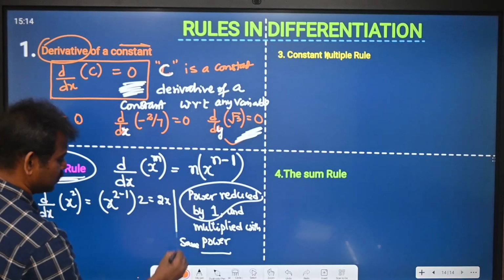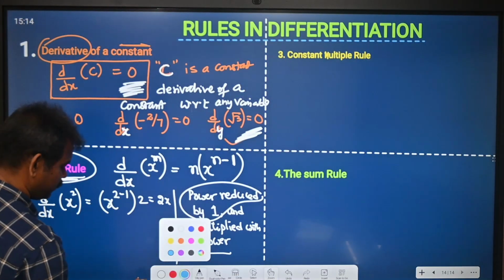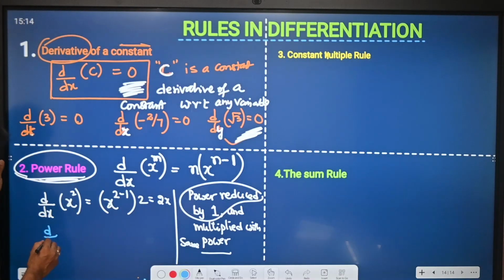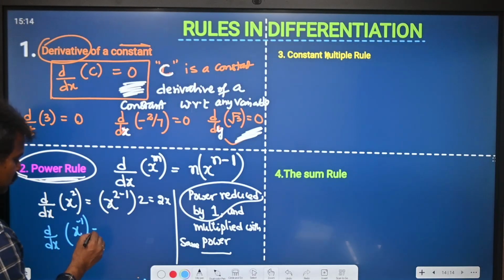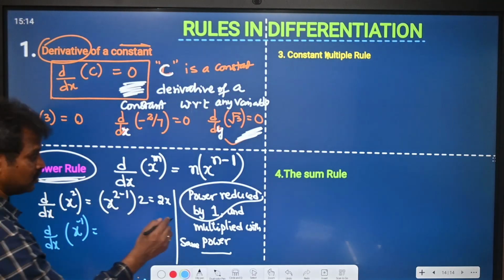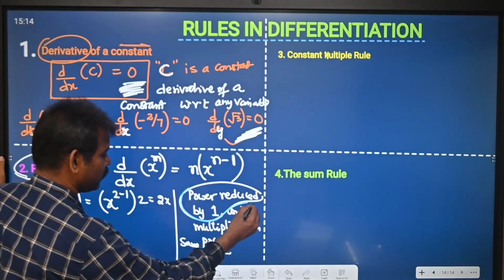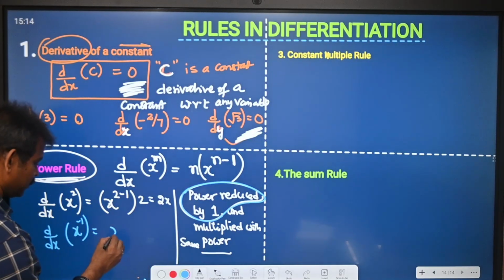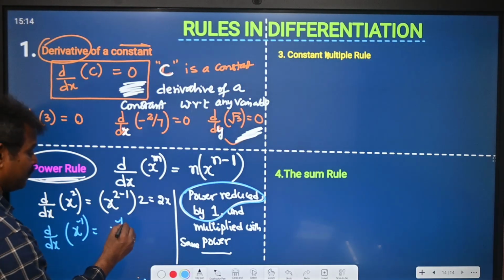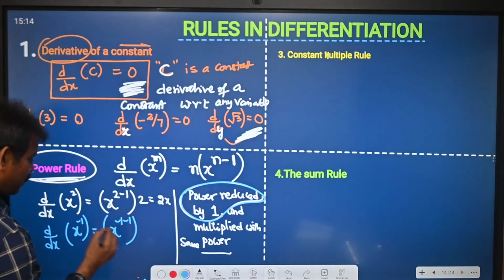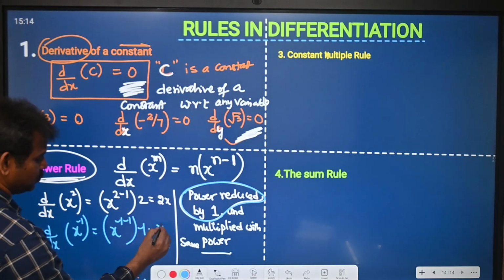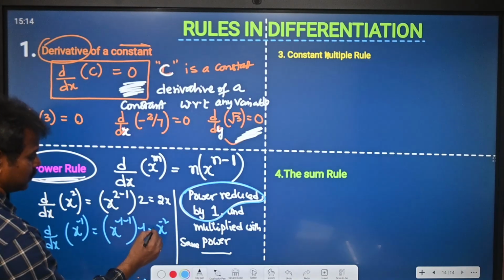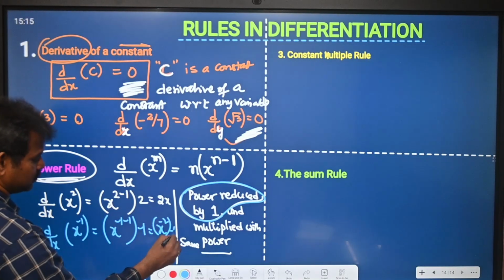This will become 2x. Similarly, if you take d by dx of x power minus 1, here also the first step is to reduce the power by 1. This will become x power minus 2, multiplied with the same power, minus 1, so minus 1 into x power minus 2.